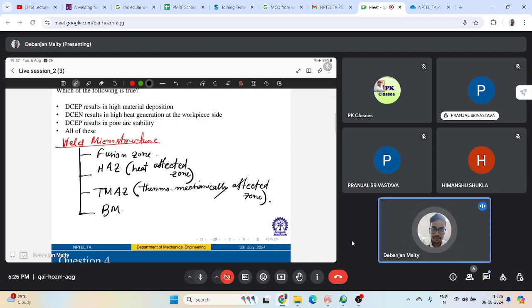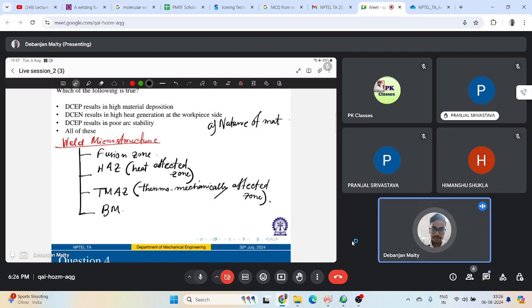Now, as I was saying, those metallurgical changes significantly affect the quality of the weld, obviously. What are the various factors for which these changes are taking place? You can have the nature of material. In terms of nature of material, it can be single phase or two phase material. Maybe you are mixing two metals, dissimilar metal joining. So it depends on the nature of material.